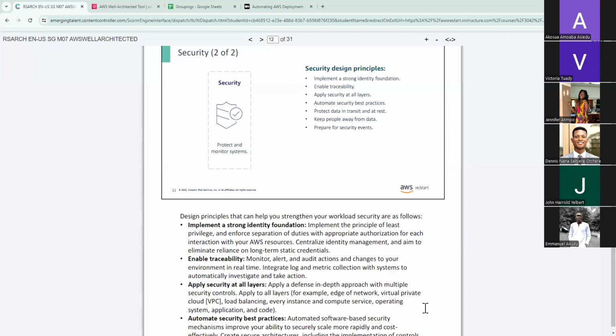Now, applying security for all these various components, they all stand alone or are independent on their own as well. So we need to be able to apply security features or security models for all the various components that make up our system.